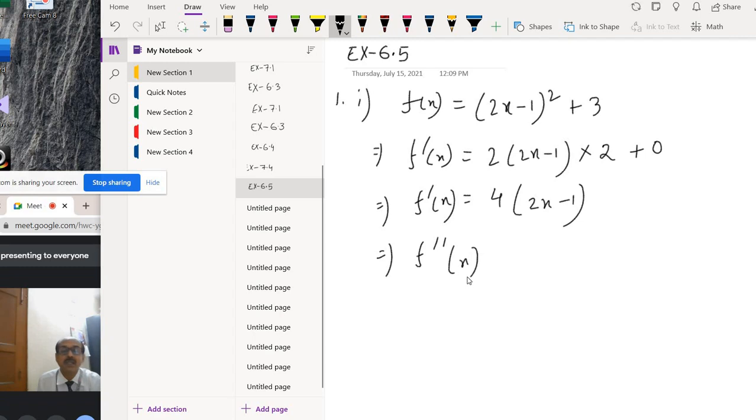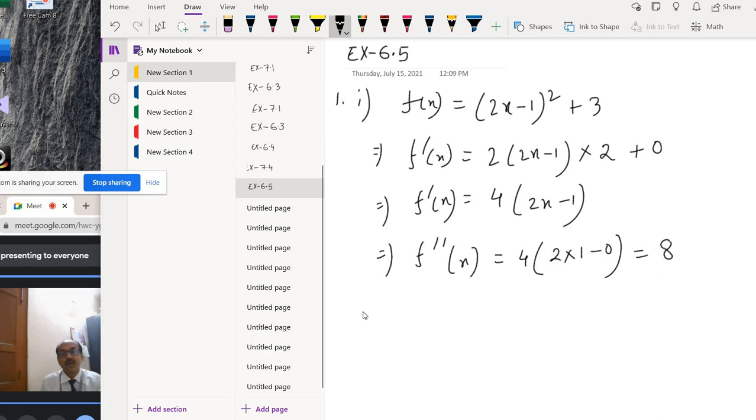f double dash x equal to 4 into (2 into 1 minus 0), so equal to 8. The second order derivative is 8.